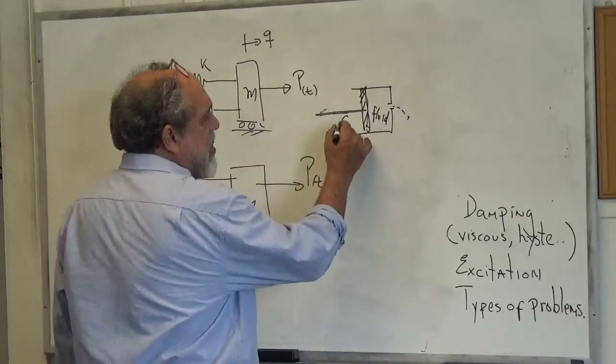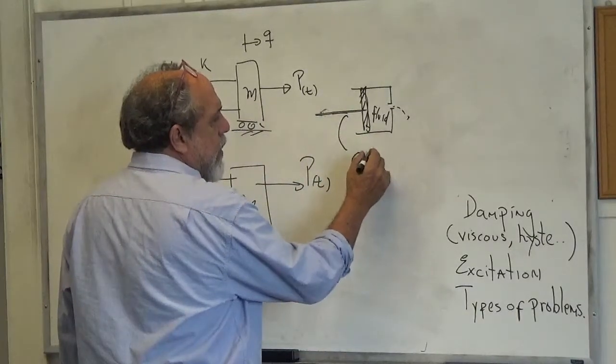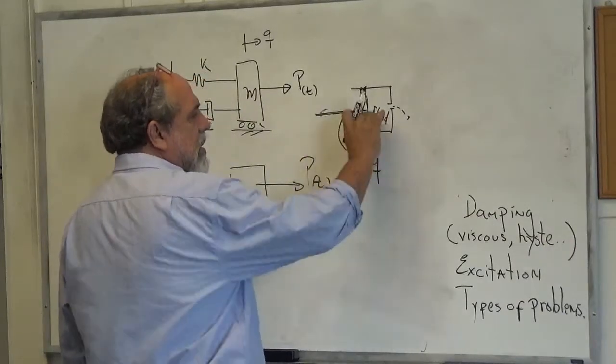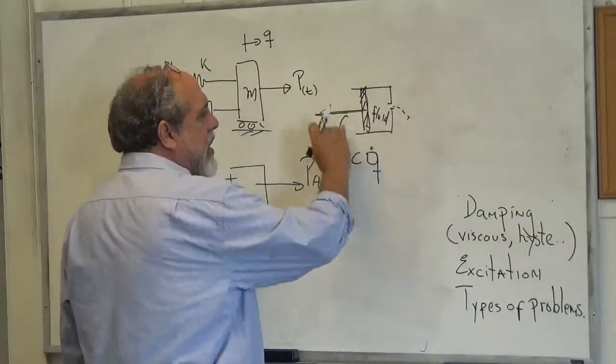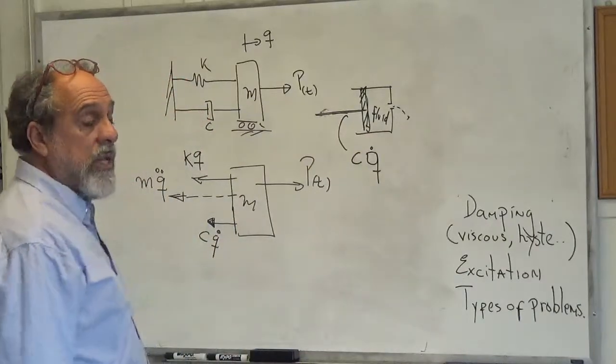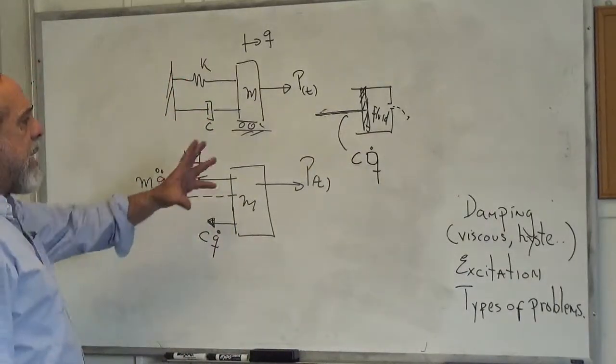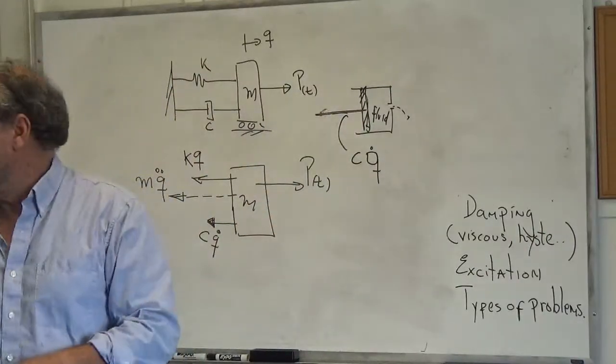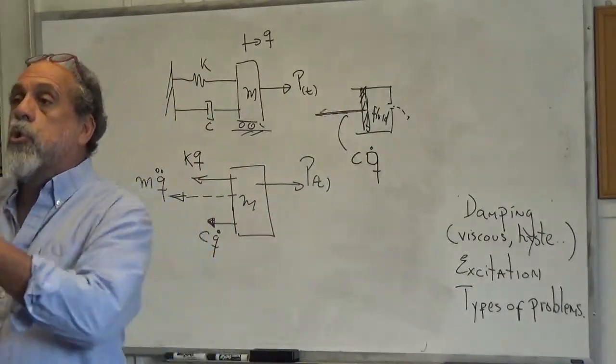So we would say essentially that this is a c q dot type of force. That is, if you want to make this thing go fast going out, then you need a lot of force. If not, you need less, and so on. So sometimes you do have exactly viscous dampers. Another one is the stuff that we use on the top of a door.